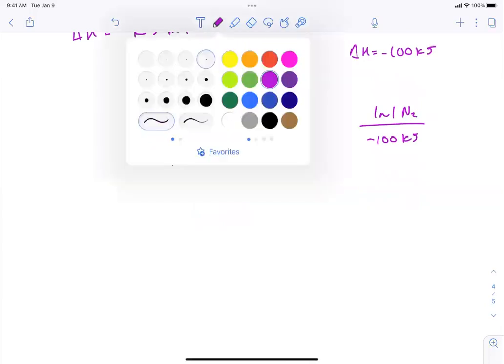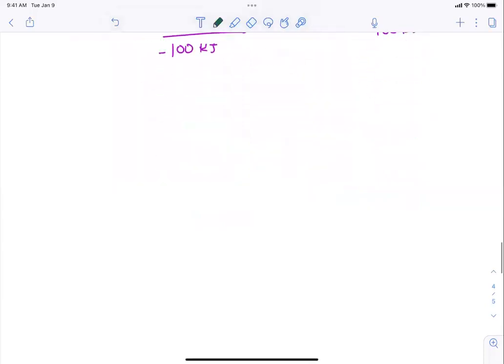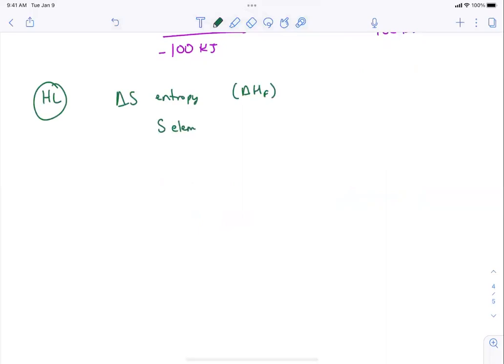Okay. Now, for HL, delta S, which is entropy, okay? Now, if you're solving for entropy, you treat it like delta H of formation, where it's products minus reactants, except S of elements is not 0, okay?